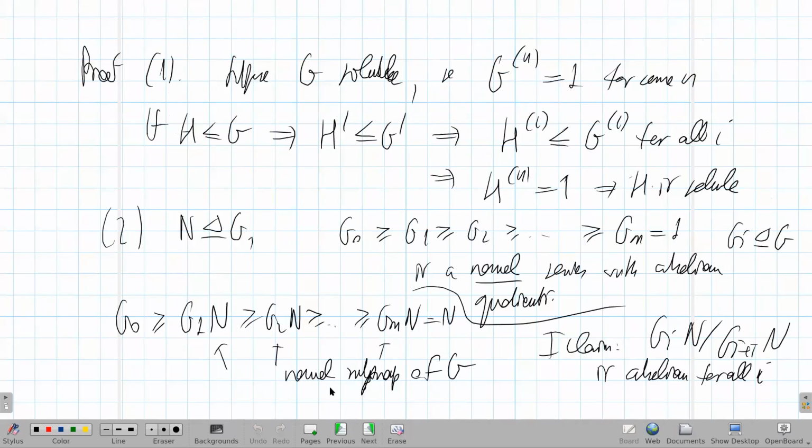We have proved that this is, well, not a series, because it doesn't end in one, but we'll fix this in a second, that there might be repetitions, but in a way the quotients are all abelian. And then all these subgroups contain N, because of course I have multiplied by N.